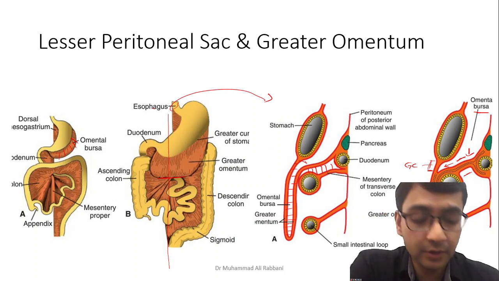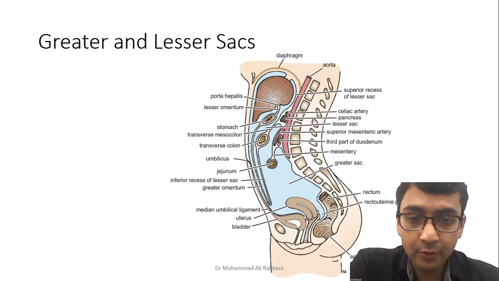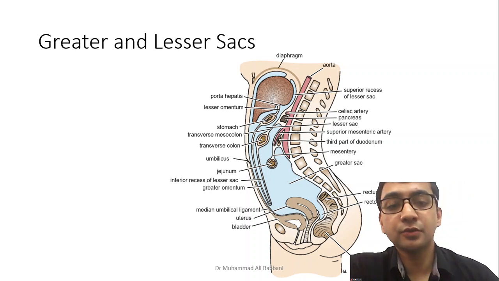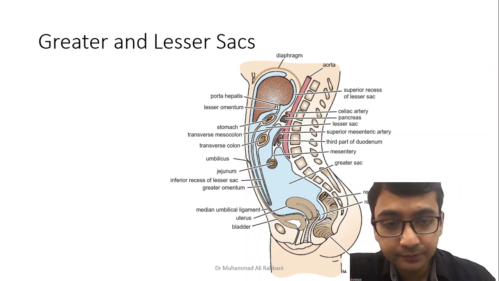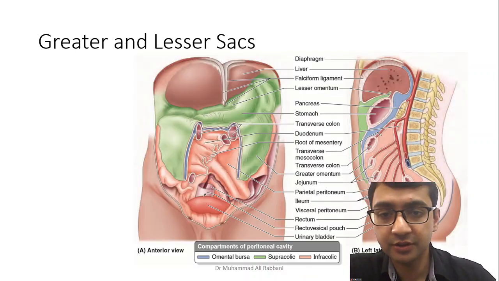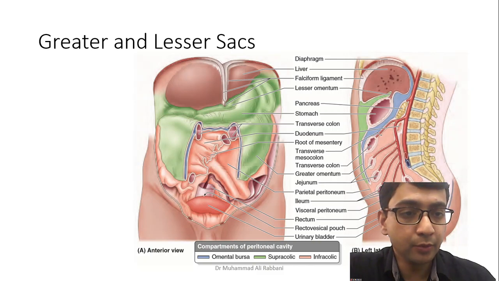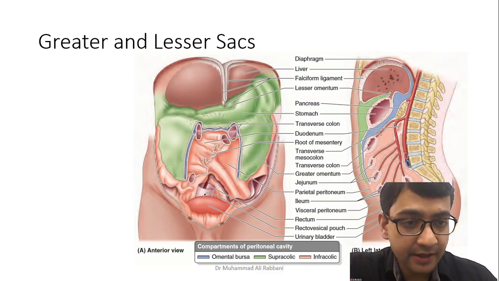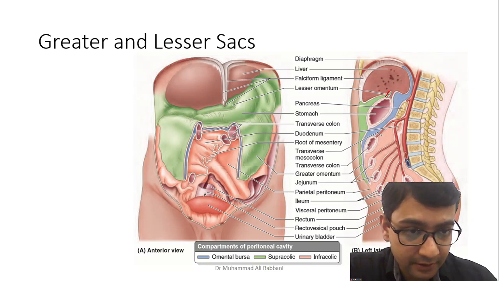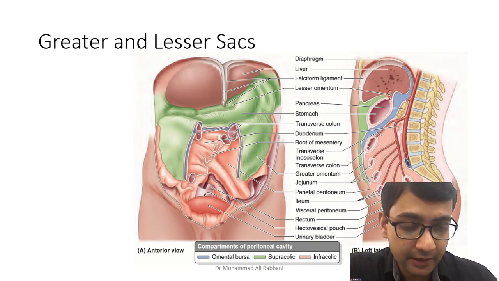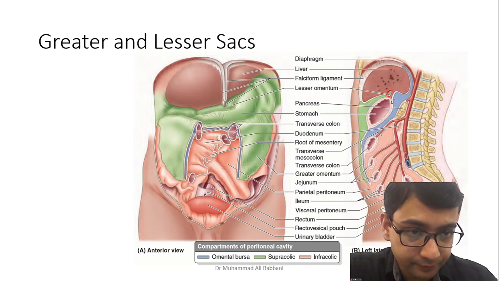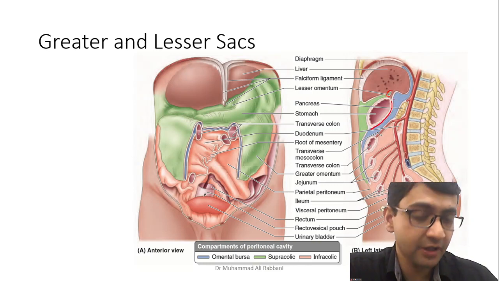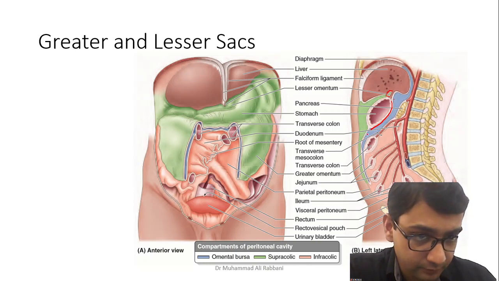Now you are ready to listen to the boundaries of the lesser sac. If you see the lesser sac from anteriorly, let me go into this picture. Here in the blue color, the cavity of the lesser sac is being shown. Anteriorly, it is bounded by the lesser omentum. Then it is formed by the posterior surface of the stomach.